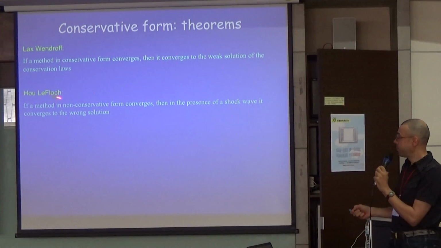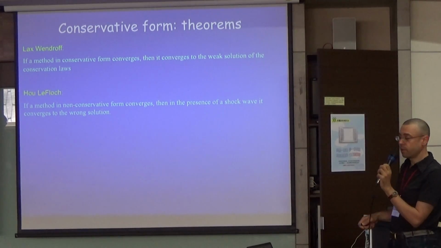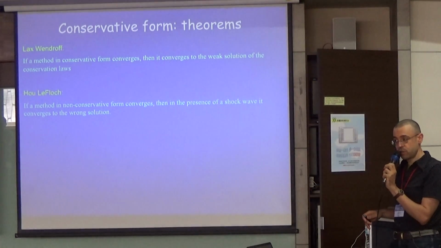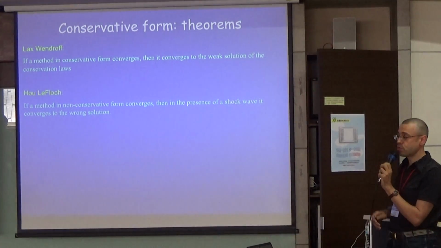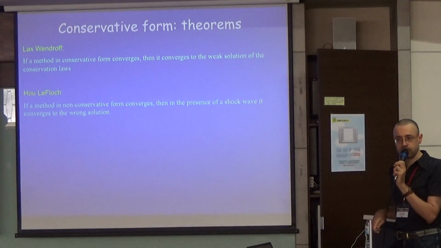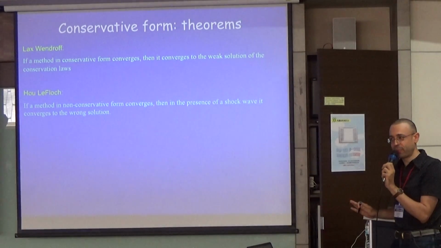And another useful theorem, by Hou and LeFloch, says that if a method is in non-conservative form, even if it converges, then in the presence of a shock, it converges to the wrong solution. That's a theorem. Not that it may happen, it really happens.